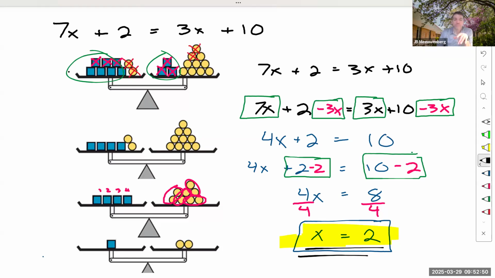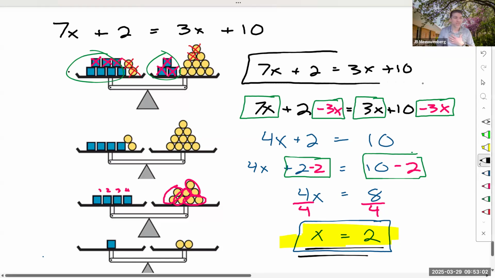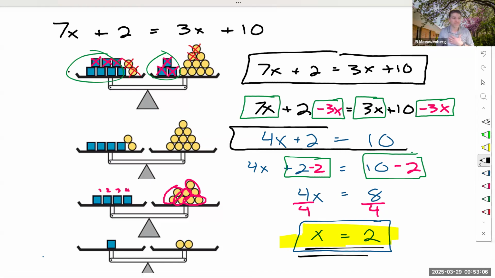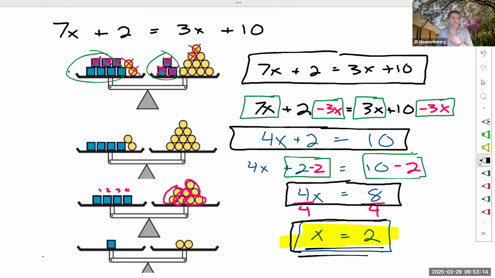And so there are three methods for obtaining these equivalent equations. Remember, we said equivalent equations have the same solution. This equation that we started with is equivalent to this equation. That equation is equivalent to this equation. And that equation is equivalent to this equation.